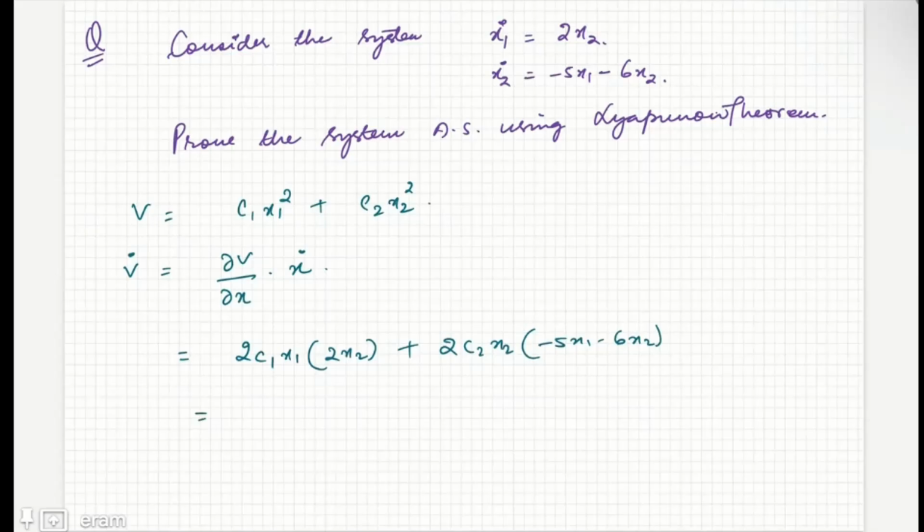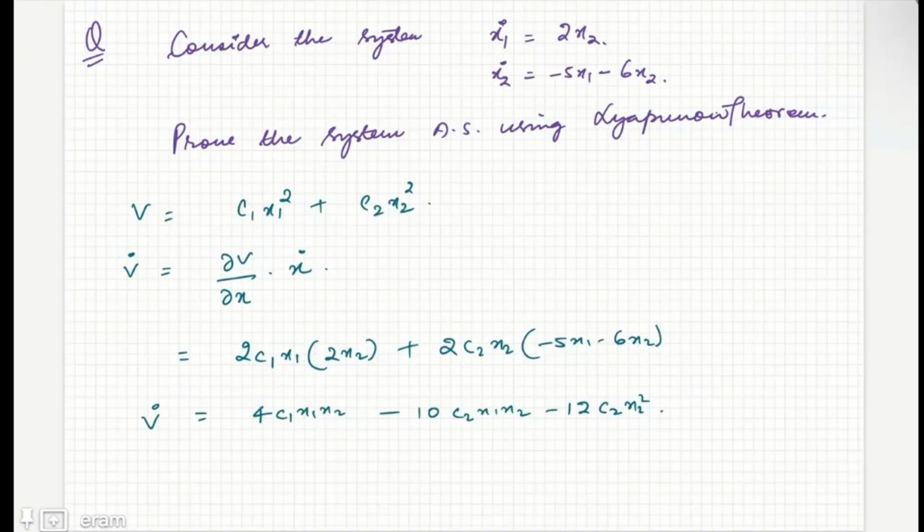So this will give us 4c1 x1 x2 minus 10c2 x1 x2 and then minus 12c2 x2 square. Now since we need to prove the system is asymptotically stable, we need to show that the derivative of V along the system trajectory is negative definite, not only semi-definite but negative definite.